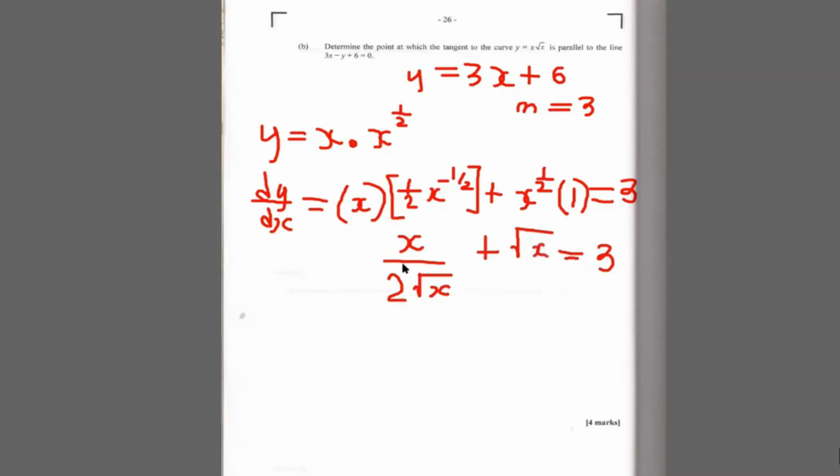Multiplying through by 2 root x, we're going to get x plus 2 root x times root x, which is x, so this becomes plus 2x, and that is equal to 2 root x times 3, which is 6 root x.